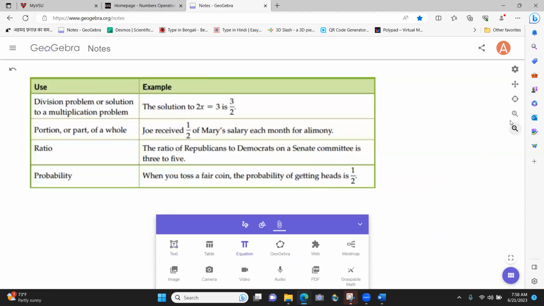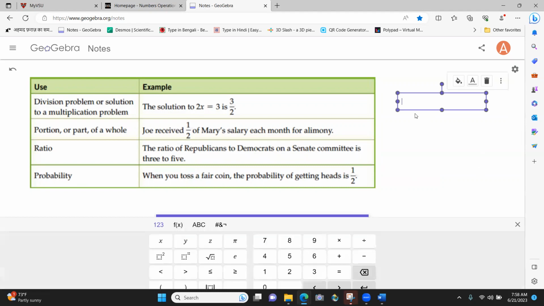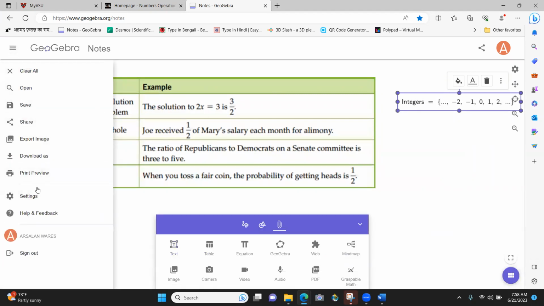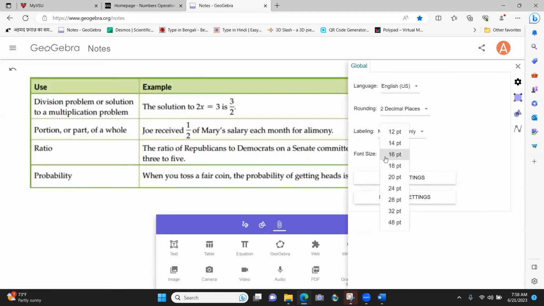Integers are these numbers. We discussed it when we discussed chapter 1, but we will talk about it today a little bit, so might as well redefine it.